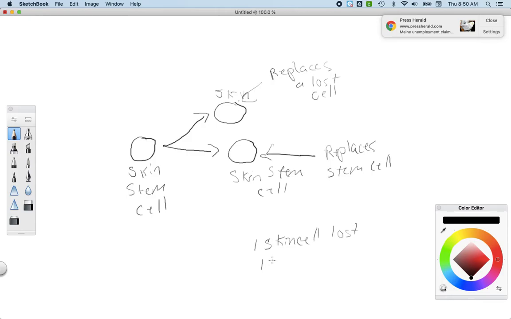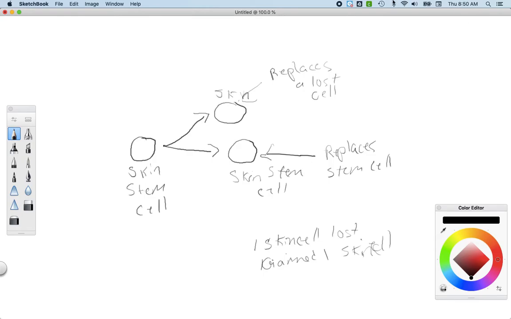So we gained one skin cell. And if we have to do it again, we can do it again and continually replace those lost skin cells that are falling off all the time. And we don't have any growth. There's no change in the total number of cells on that piece of skin.